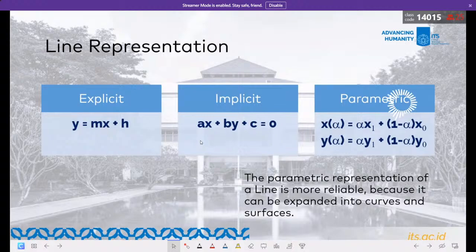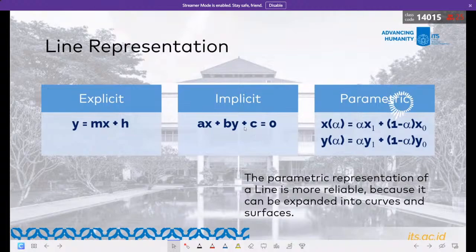In bahasa, I remember that beberapa permasalahan bisa diselesaikan dengan sistem persamaan linear, right? So linear equation system, I believe. And usually you will need to put it this way to make sure that you can get the answer, for example, if you want to look for the A or the B or the C.